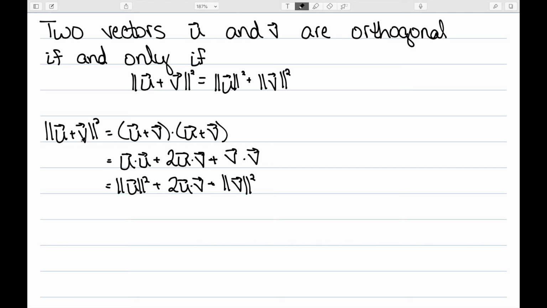So in order for this to be equal to the length of u squared plus the length of v squared, we would need u dot v to be equal to 0, or orthogonal. And this goes both ways. If this is 0, then these two things are equal, and if these two things are equal, this must be 0.